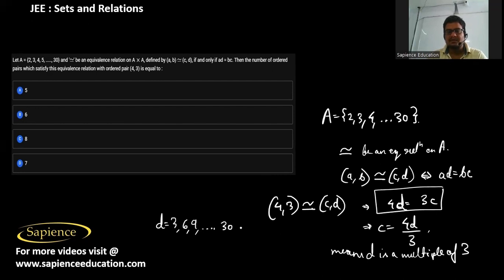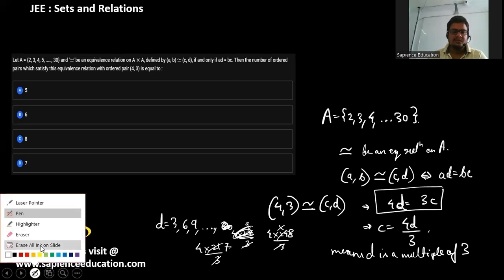So before 30, can we take 27? So 4 into 27 by 3, that will be 36. So 27 also we can take. 24, can we take? 3 eights are 24, 4 eights are 32. No, we can't take. Then 21 we can take, since 3 sevens are 21 and 4 sevens are 28. Okay, so till 21 we can take.